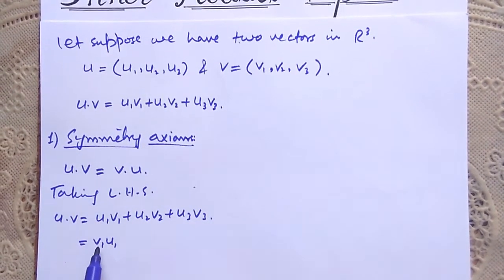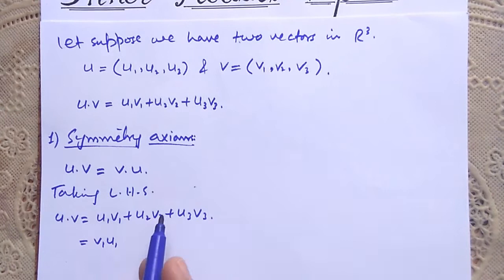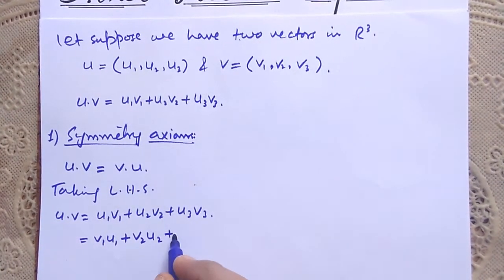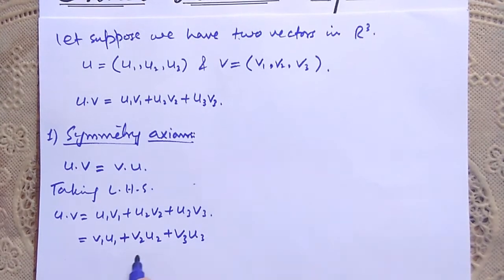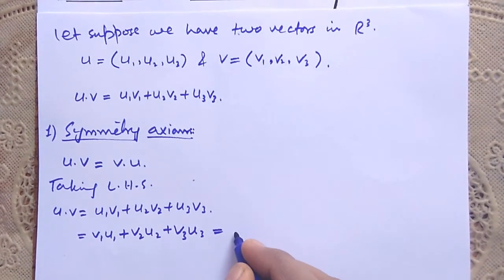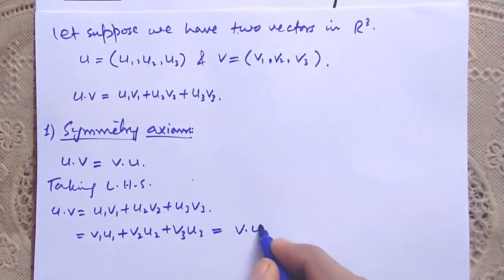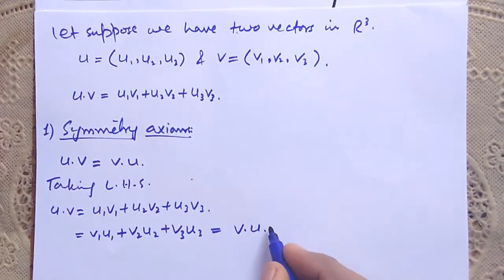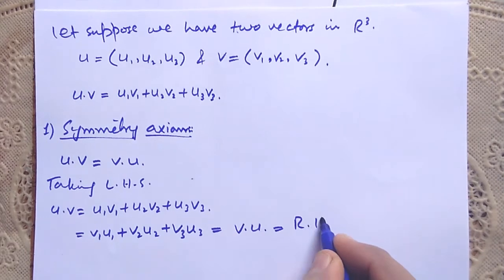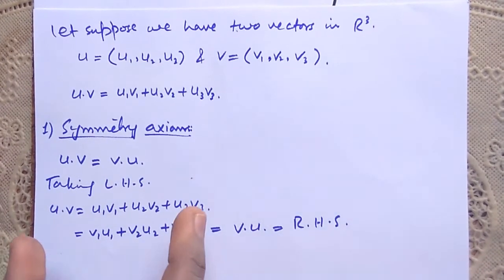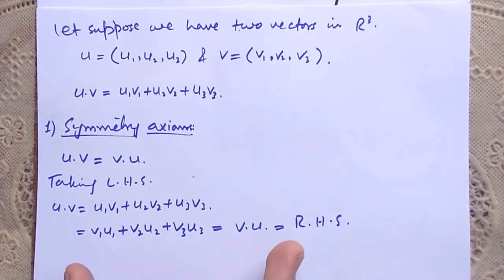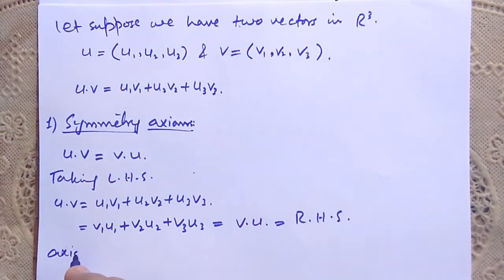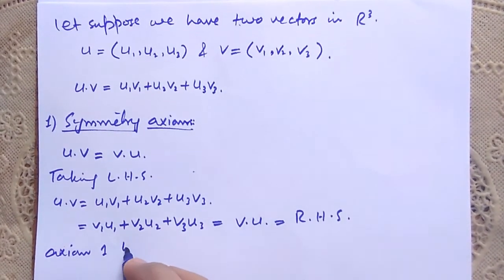Similarly, we can write v2 u2 plus v3 u3, and it is equal to the dot product of v and u. So u dot v is equal to v dot u, or it is equal to the right hand side. It means that dot product is symmetric, right? Means axiom 1 holds.